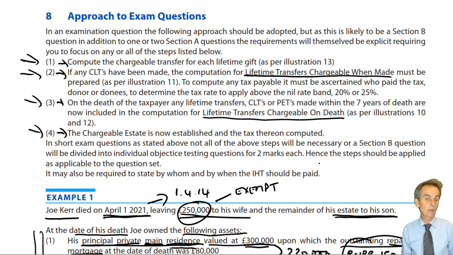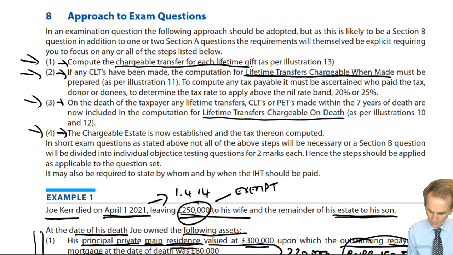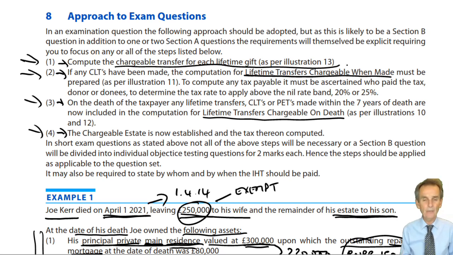But to be able to move on to any of the IHT computations, which are clearly going to be a part of these requirements, a fundamental part, you're going to have to compute the chargeable transfer for each lifetime gift. Now, it's perfectly possible that an exam question may give you those figures and simply ask you then to go on and work the computation of the tax. That's maybe more likely within a section A rather than a section B question, but it could happen. Here, it hasn't. We have to work out transfers of value.